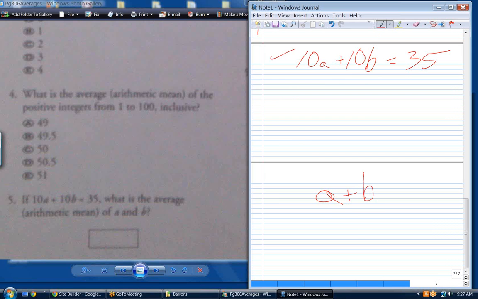A plus B over 2 is what we're trying to solve for. So let's start by seeing if we can solve for A plus B. Remember when I said note the same coefficients? That's going to make it easy for us to solve for A plus B. I can factor out that 10. Divide both sides by 10.